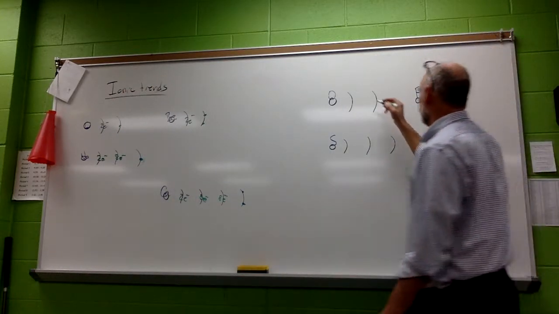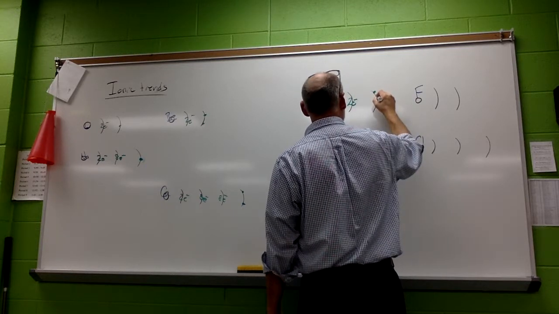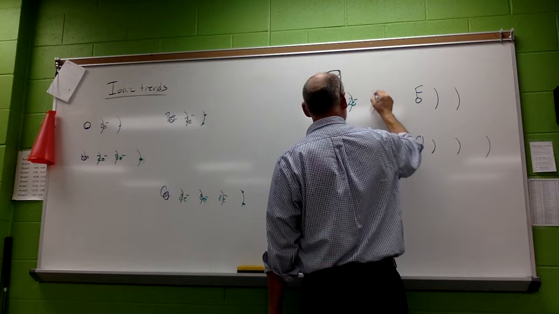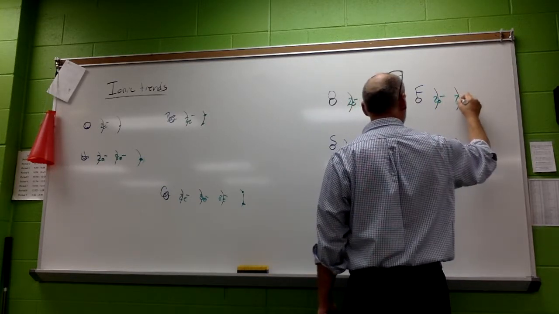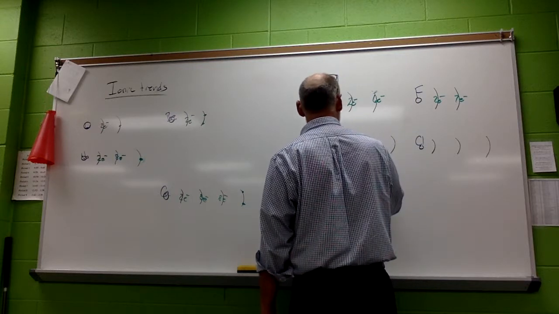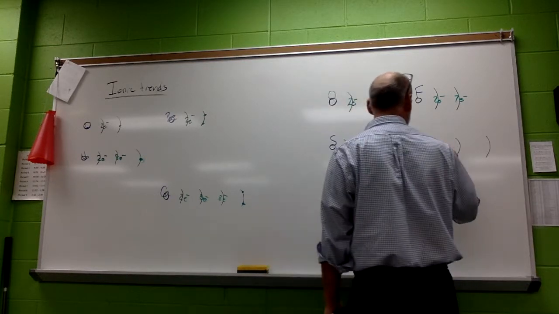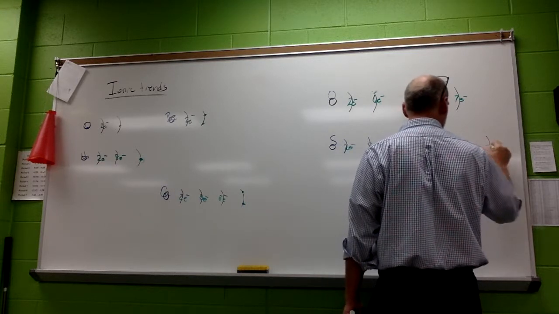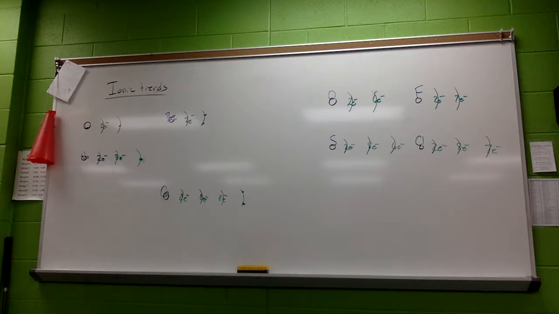Oxygen has 2 and 6. Fluorine is 2 and 7. Sulfur, 2, 8, and 6. Chlorine, 2, 8, and 7. Everyone hunky-dory so far? If we need to add more atoms, we will, but for now, this should be good.